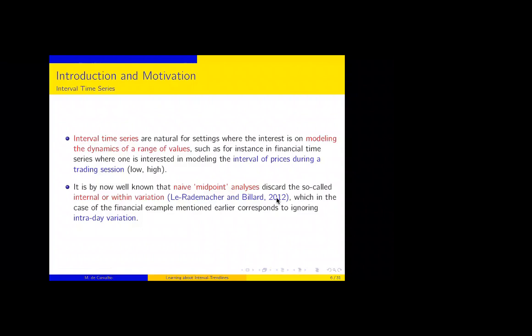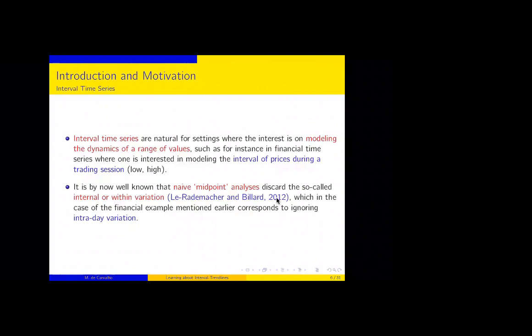naive take on this. If you want to think about other examples, even while we were having this informal chat before the talk started, about temperatures and the way that temperatures evolve over time. And of course, we can also think about low and high in terms of minimum and maximum daily temperature.